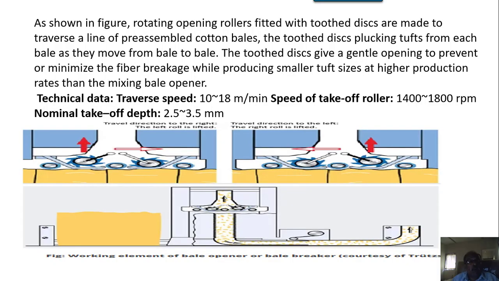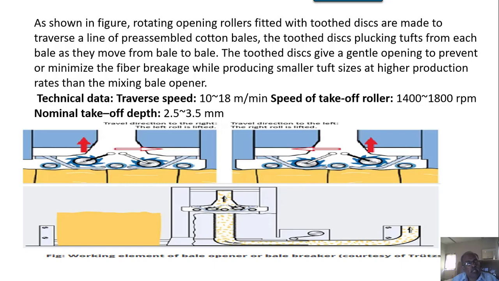As we can see here, in the Trützschler system of bale opening, once the direction of travel is set, with the transportation of cotton on the right side, the left roller will lift.